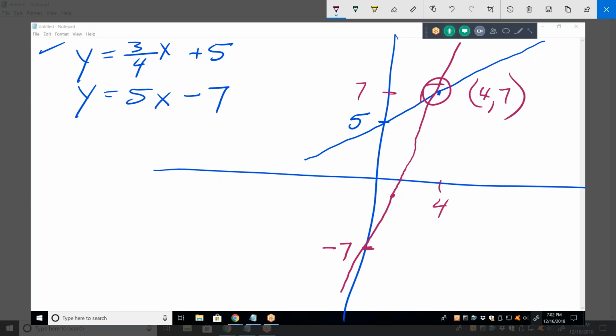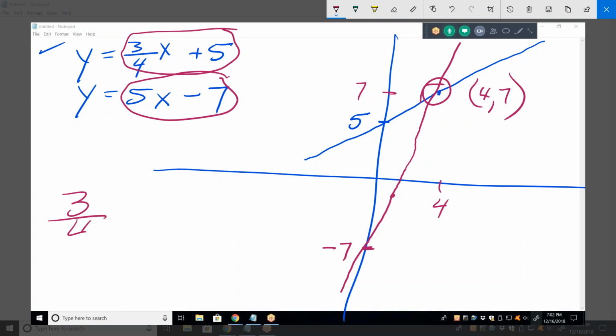That makes substitution particularly easy. These y's are the same, which means this has to equal this. That's pretty easy to solve for algebraically. And we're really using substitution.